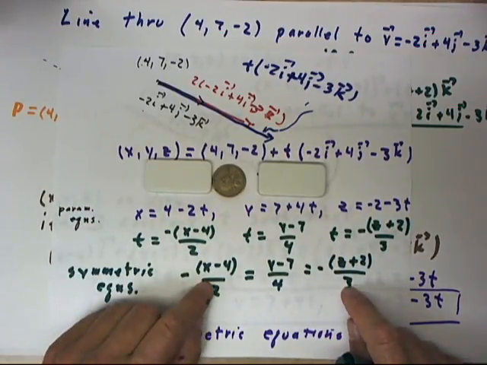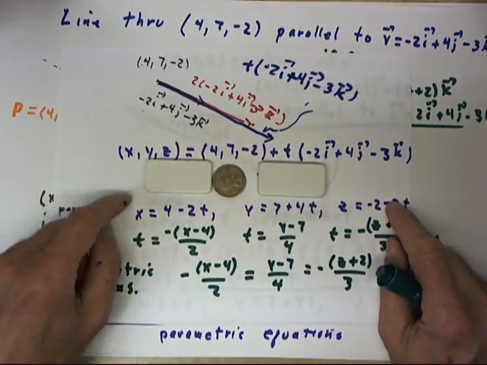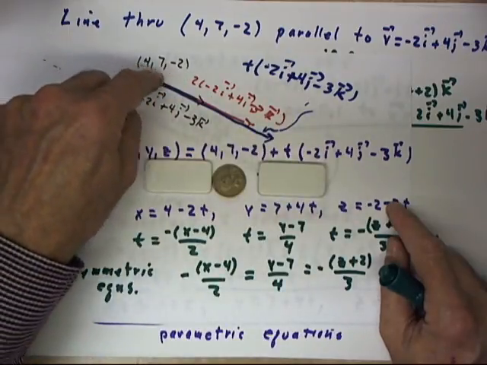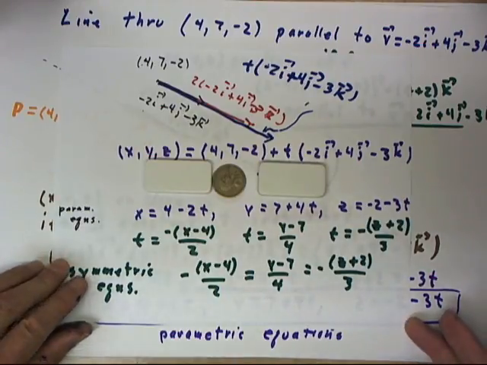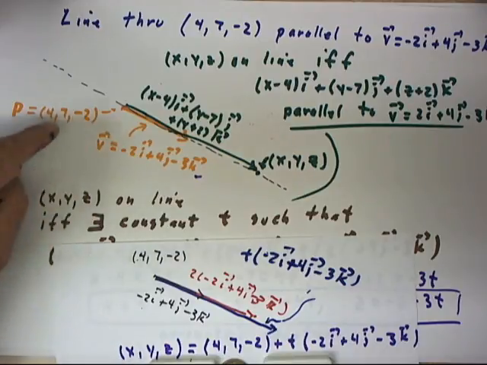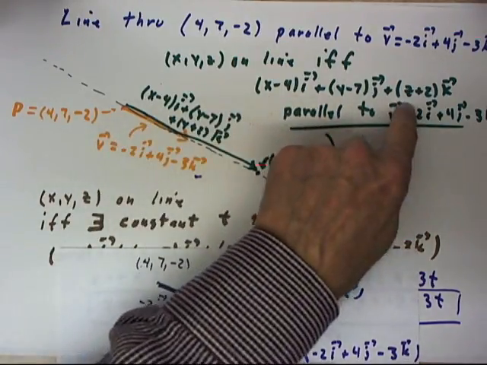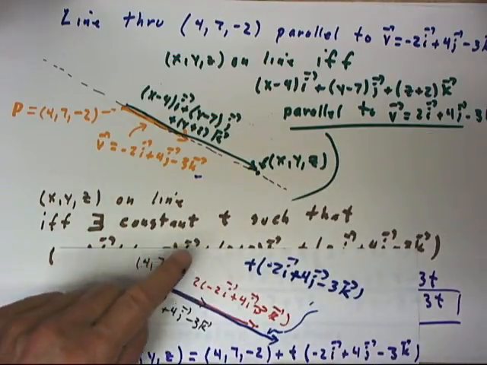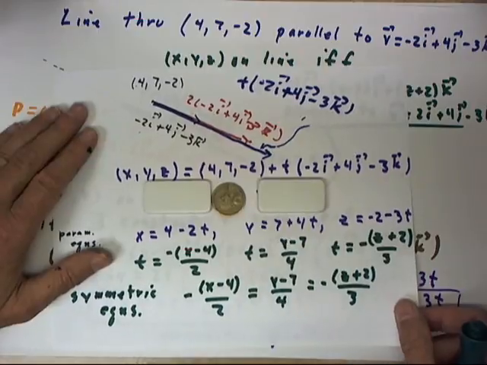Now, each of these equations, the symmetric equations and the parametric equations, is equivalent to this condition pictured here, and also equivalent to the conditions we stated earlier on the preceding page, that this vector be parallel to this vector with constant t intermediating our proportionality.